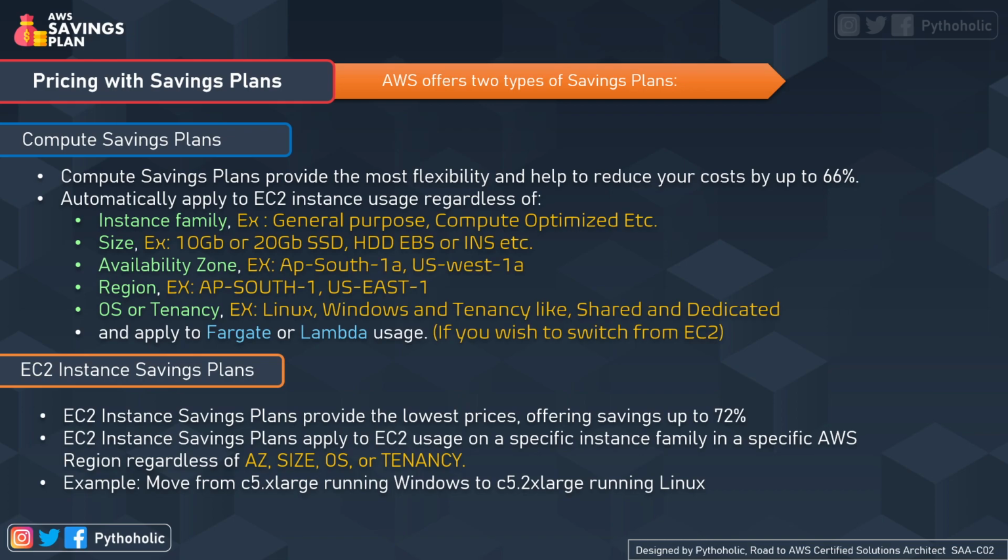Or if it's the OS or the tenancy, like if you are trying to switch from Linux to Windows, or tenancy, if you are trying to switch from shared to dedicated, or even if it's a region, like let's suppose you're going to migrate from India to London region, the savings plan automatically applies to the changes.